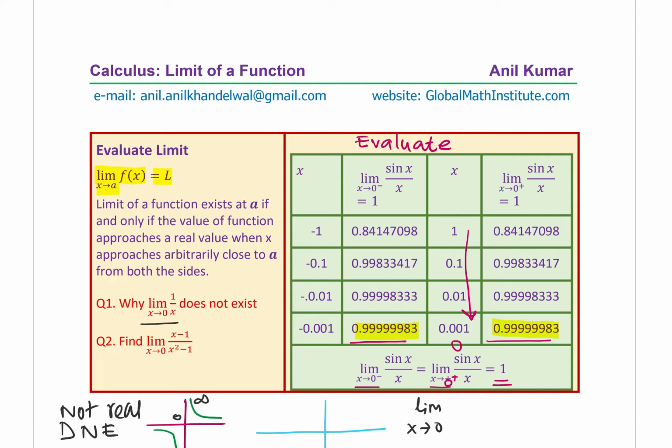The function could be written as x minus 1 over x plus 1 times x minus 1. And then you could cancel these common factors. So we have a hole at x equals 1. Now once you cancel, you can substitute and what do you get? You get the value 1 over x plus 1.